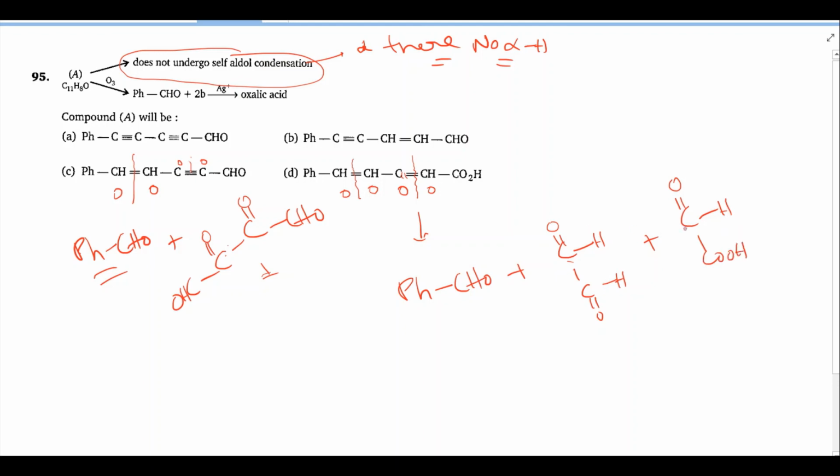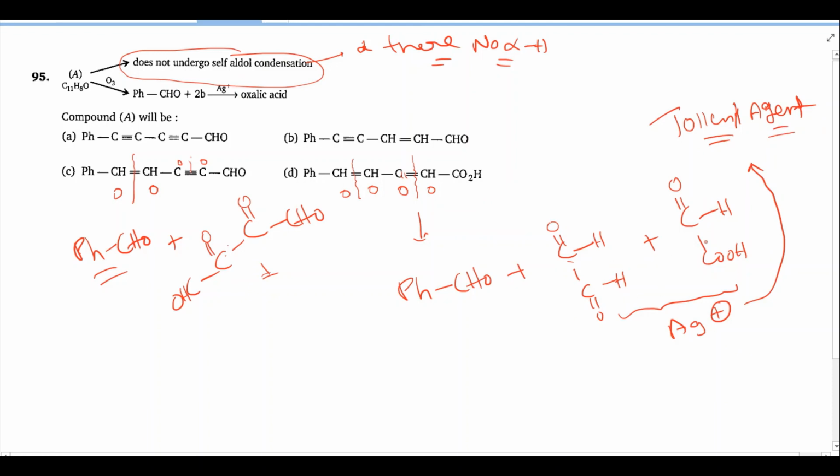So CHO, COOH. Okay. So again, this is treated with either this or this. This is treated with Ag plus. That means this is actually Tollens reagent. Okay. So Tollens reagent means aldehyde is giving a positive test.